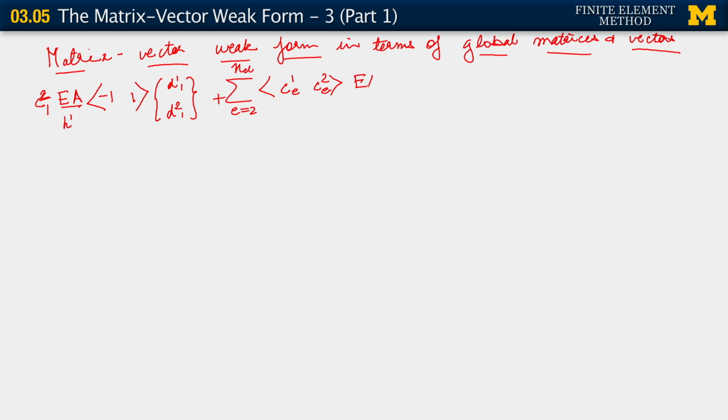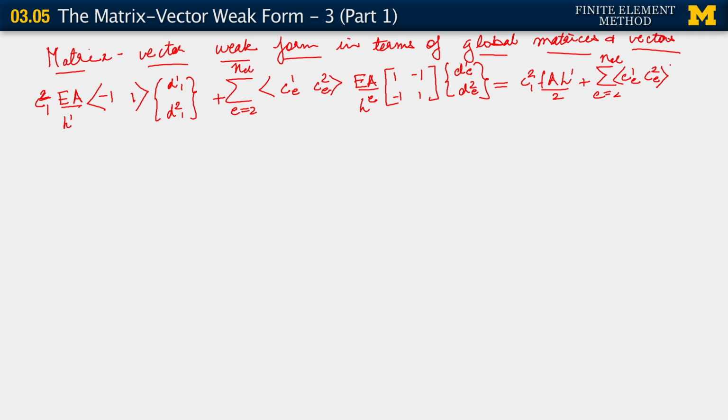Okay, here we have E A over HE, 1 minus 1 minus 1 1, D1E, D2E, equals C2 1 F A H1 over 2 plus the sum E going from 2 to number of elements, C1E, C2E in the vector, multiplying the vector, forming a dot product actually, with the vector with components F A HE over 2, F A HE over 2.